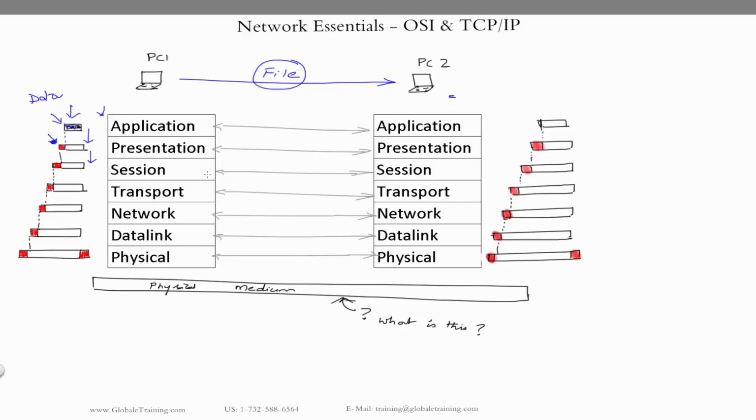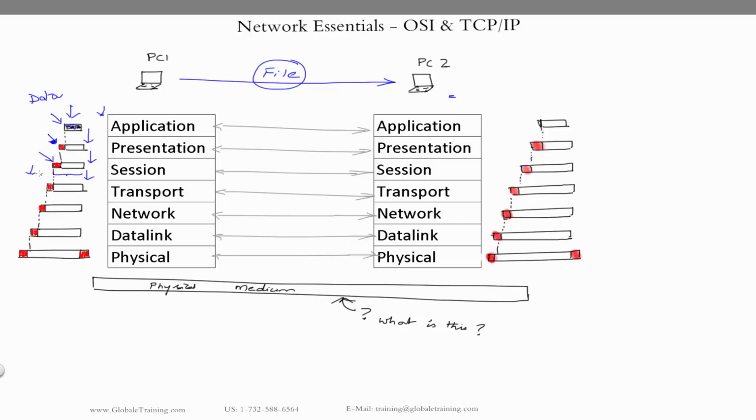So how the session needs to be handled, it adds again a little header. Now the session layer passes it to the transport layer. At this transport layer, practically whatever comes from the top is treated as data. So for the transport layer, this whole thing is the data. It takes the whole thing.